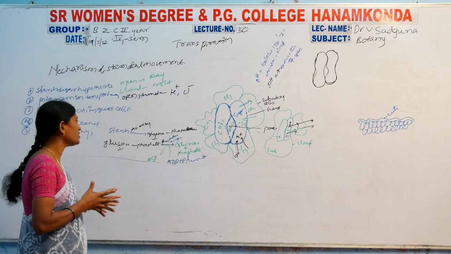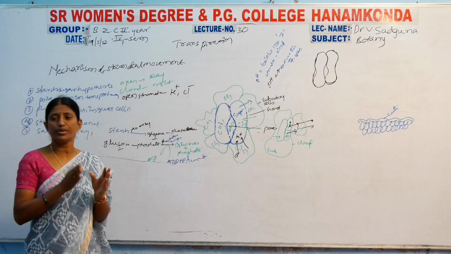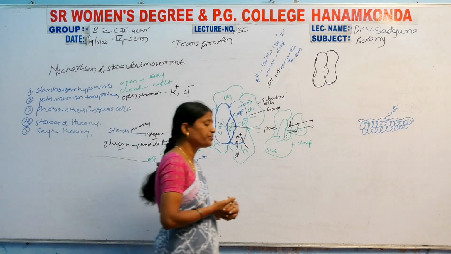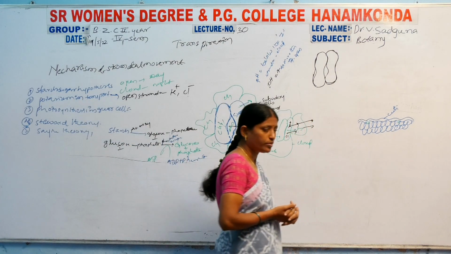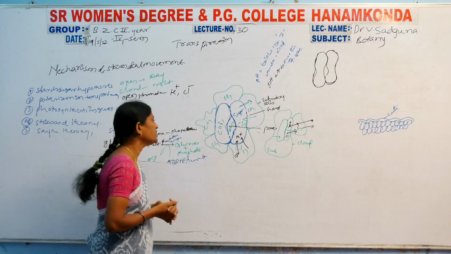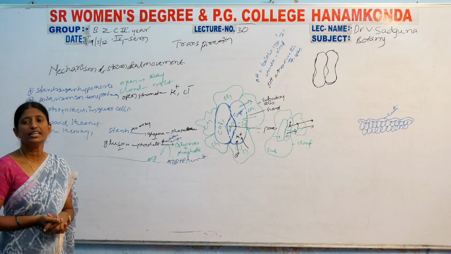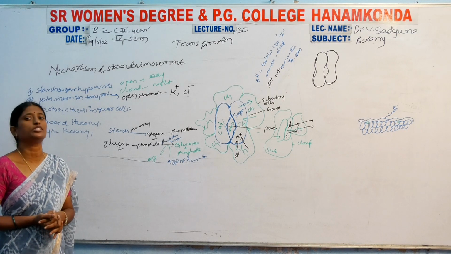Then the starch is completely converted to glucose. Then the glucose is also involved in the phosphate enzyme. Whenever it is involved with the phosphate enzyme, it already has adenine diphosphate.